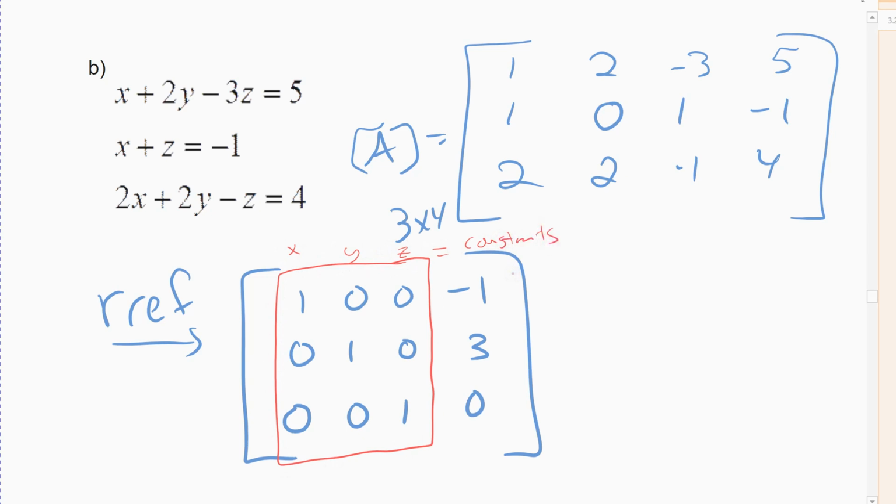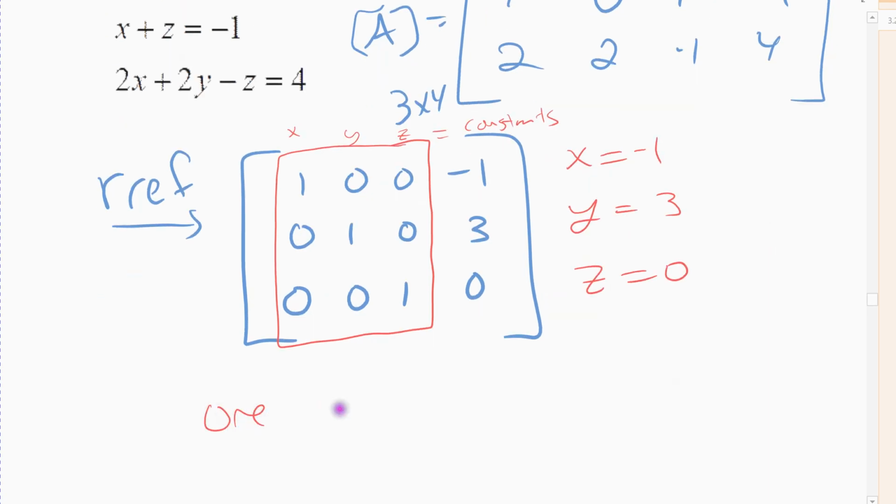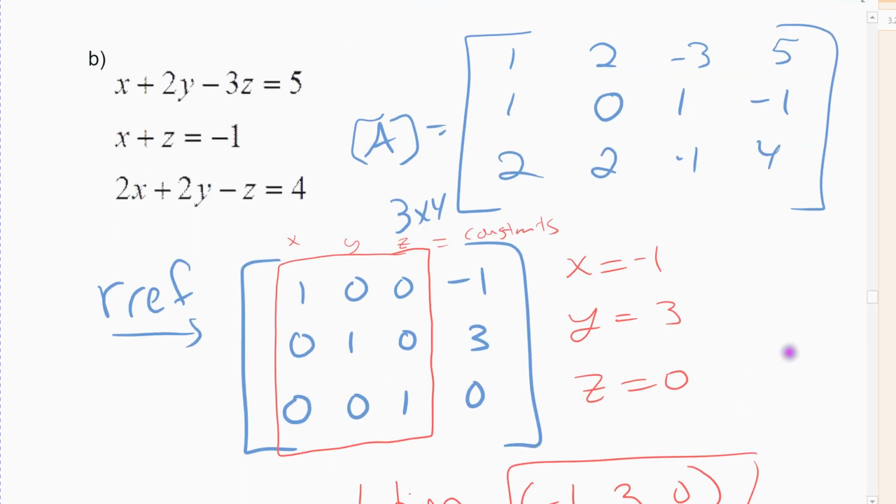This is our one solution case. The first row gives me x equals negative 1, the second row gives me y equals 3, and the third row gives me z equals 0. And so we have one solution. It's the point negative 1, 3, 0. Negative 1, 3, 0 solves my system.